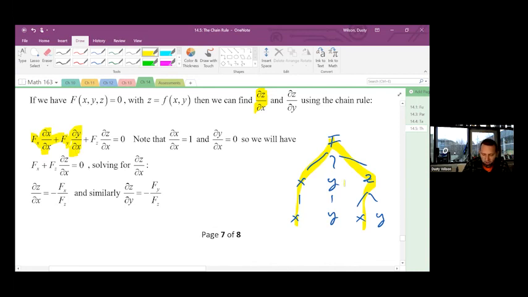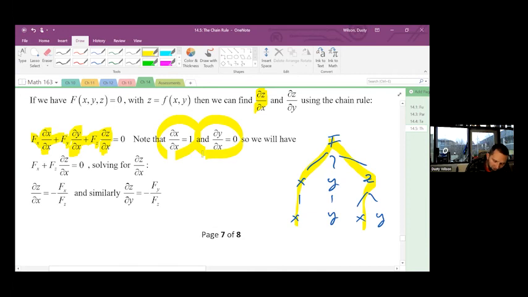But notice that y isn't a function of x, so that's going to be 0, plus the partial derivative of f with respect to z times the partial of z with respect to x. That's this last branch. Right here, you've got partial of x with respect to x is 0, partial of y with respect to x is 0.